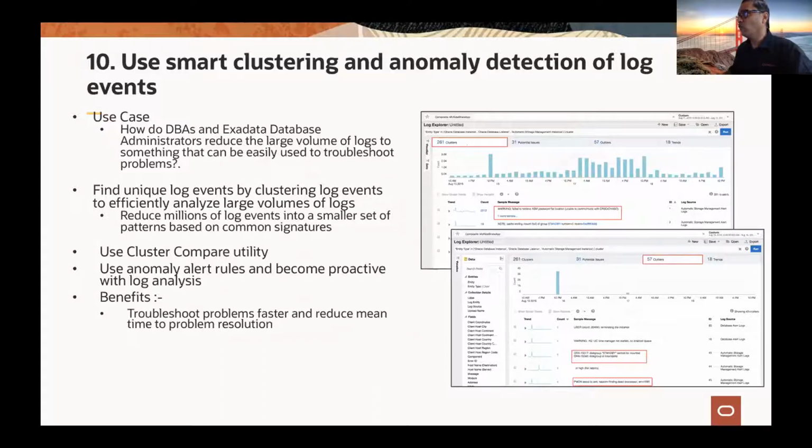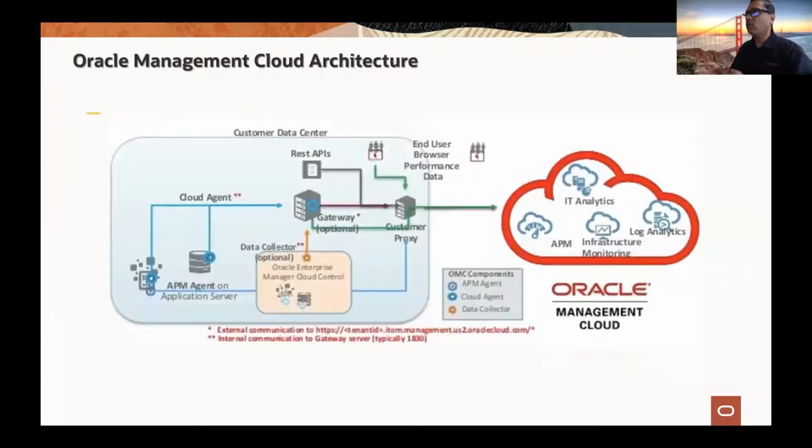I will move on to the demo, and before moving on to the demo, a very quick architecture of the Oracle Management Cloud. On the left hand side, this is your data center, and on the right hand side, this is the Oracle Management Cloud, and you can deploy the cloud agents on your Exadata databases.